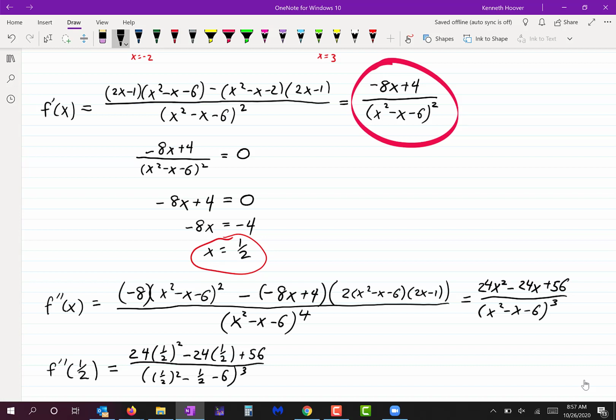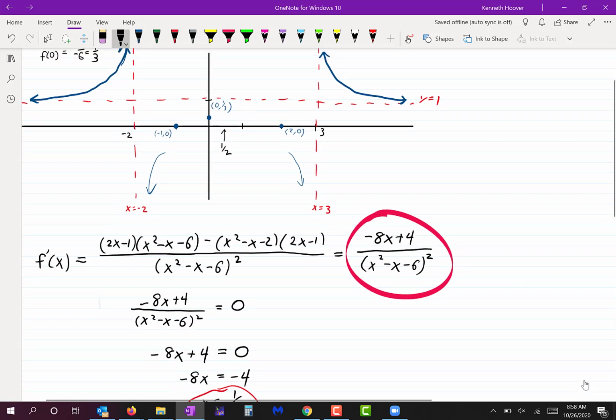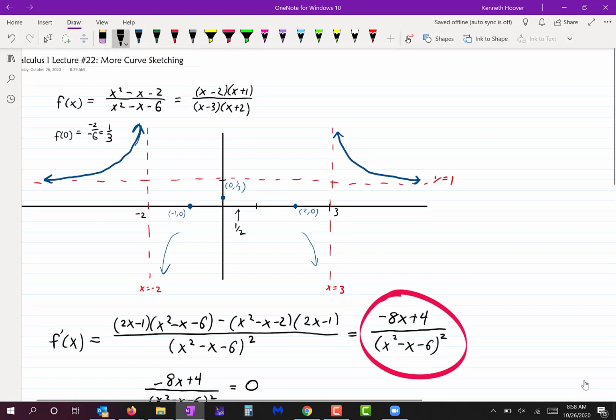I will tell you that it comes out to be a negative number, which means that when x is 1/2, the graph is concave down. When x is 1/2, the graph is concave down.